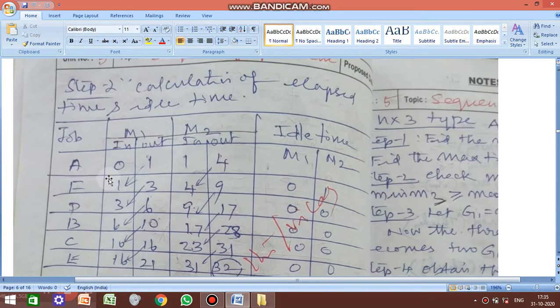Now afterwards, the in time and out time of machine 1 we have to calculate. Usually we take 0 as the in time for machine 1. To find the out time, we have to add this with the time taken by job A on machine 1.